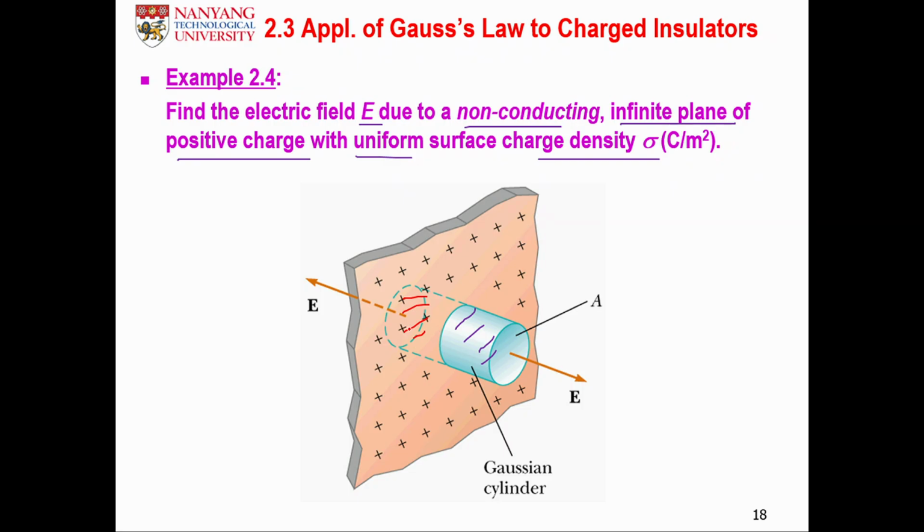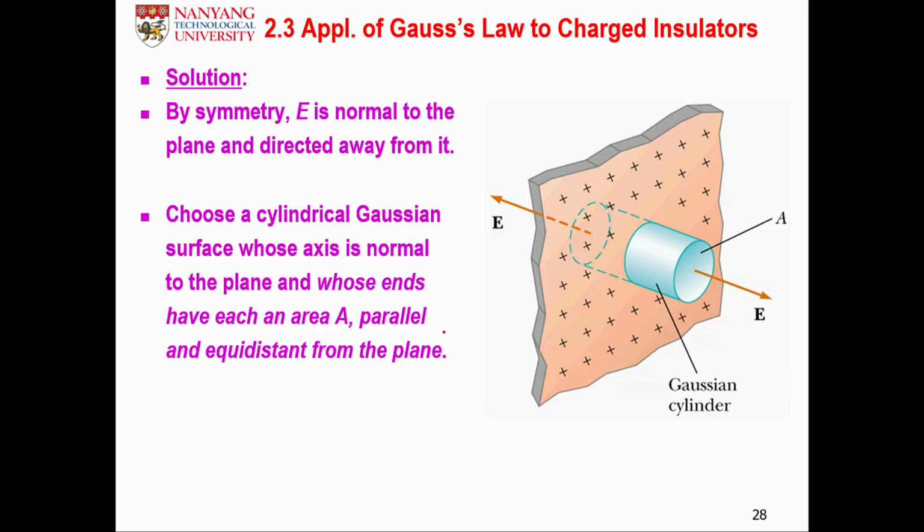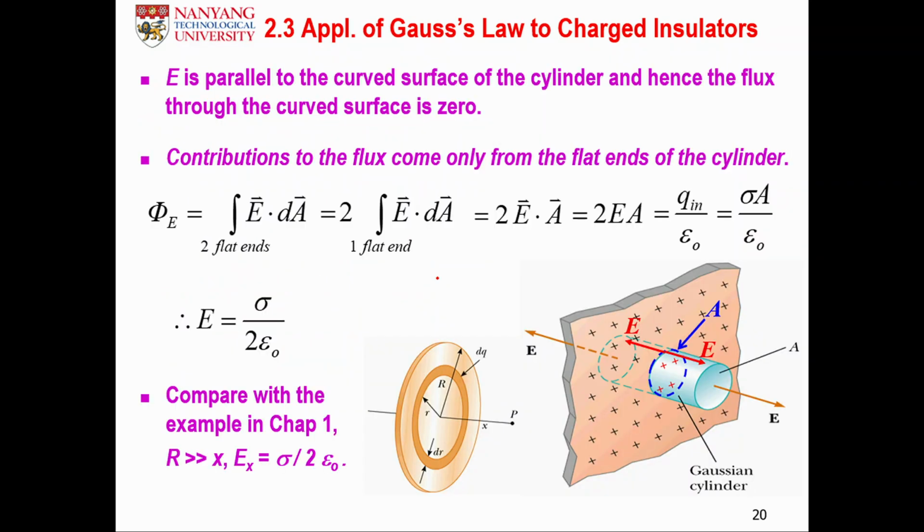And once we have the Gaussian surface, then we can apply Gauss's law. The total electrical flux should equal this Q in, right? The first step, this one equals this one.